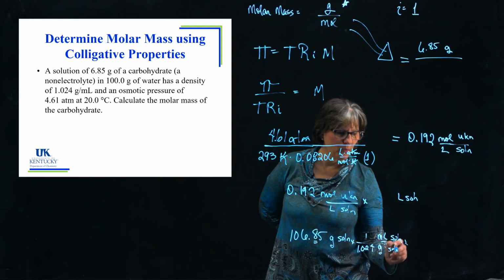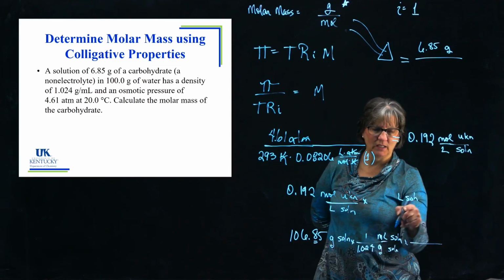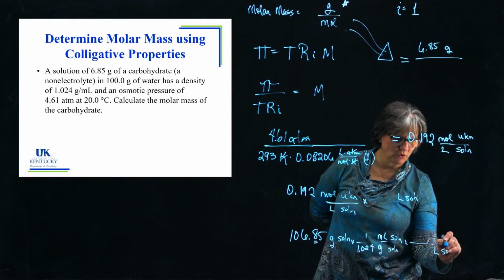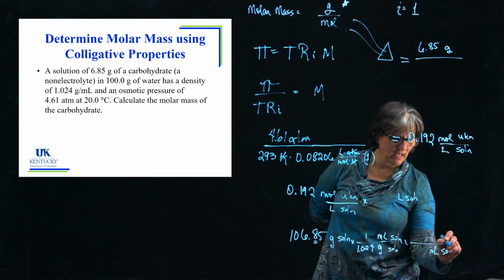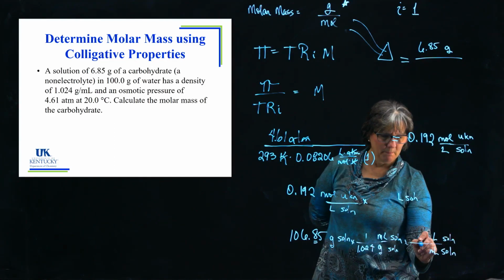But I don't want to know that either. I need to know it in liters because I need to cancel here. So milliliters is what I'm going to cancel, and I'm going to go to liters of solution. Milli means 10 to the minus 3.